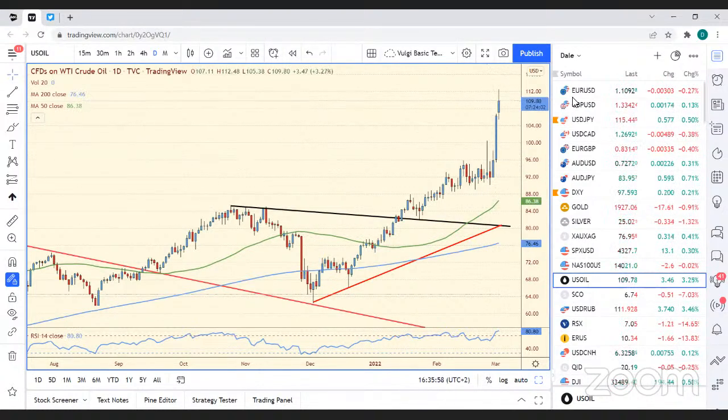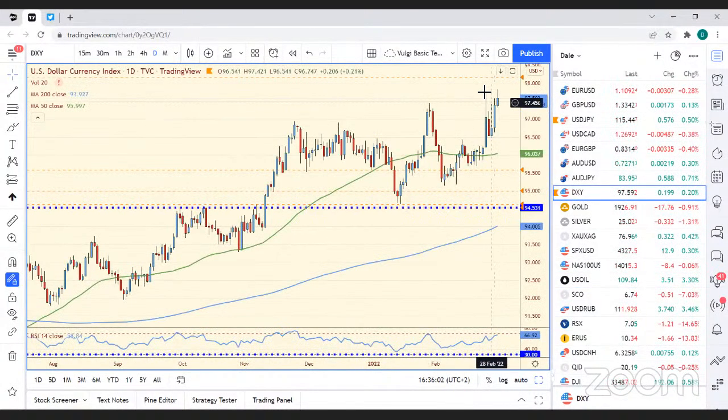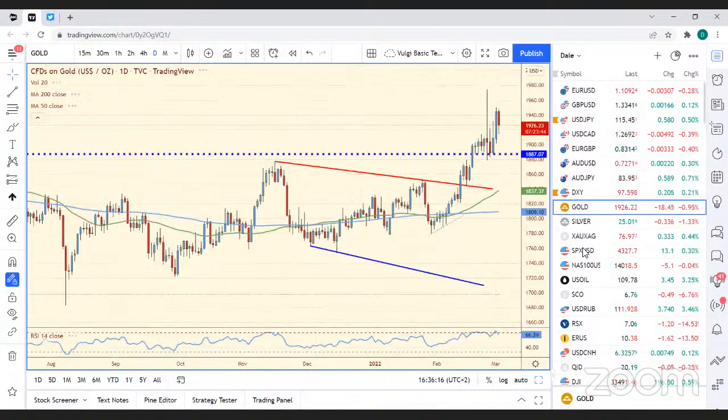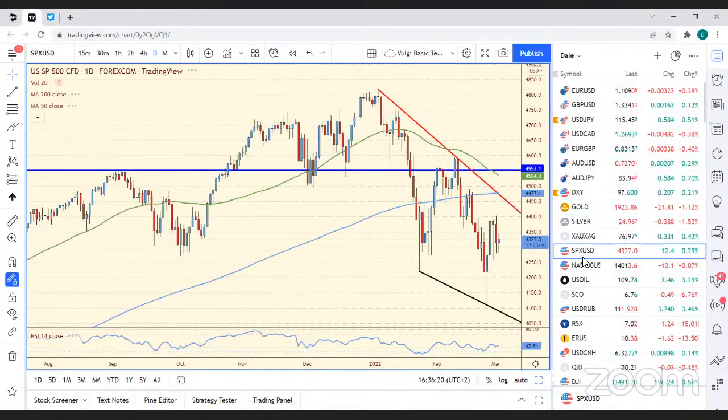And the dollar has taken out the invasion high. Silver took out the invasion high. This was it, or it got right to it. I guess we didn't take it out in silver. We didn't take it out in gold. And you know what? A lot of people would have thought we would have taken it out.